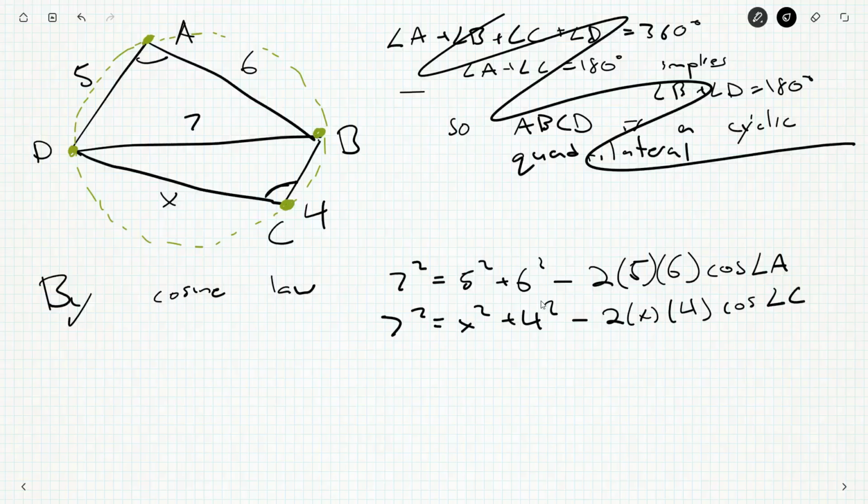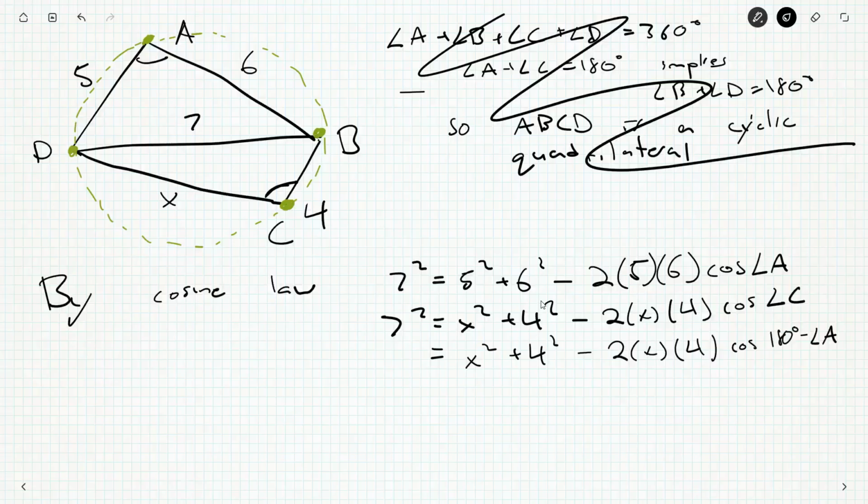And if you add up to 180, so this is x squared plus 4 squared minus 2x for cosine of 180 degrees minus angle A.